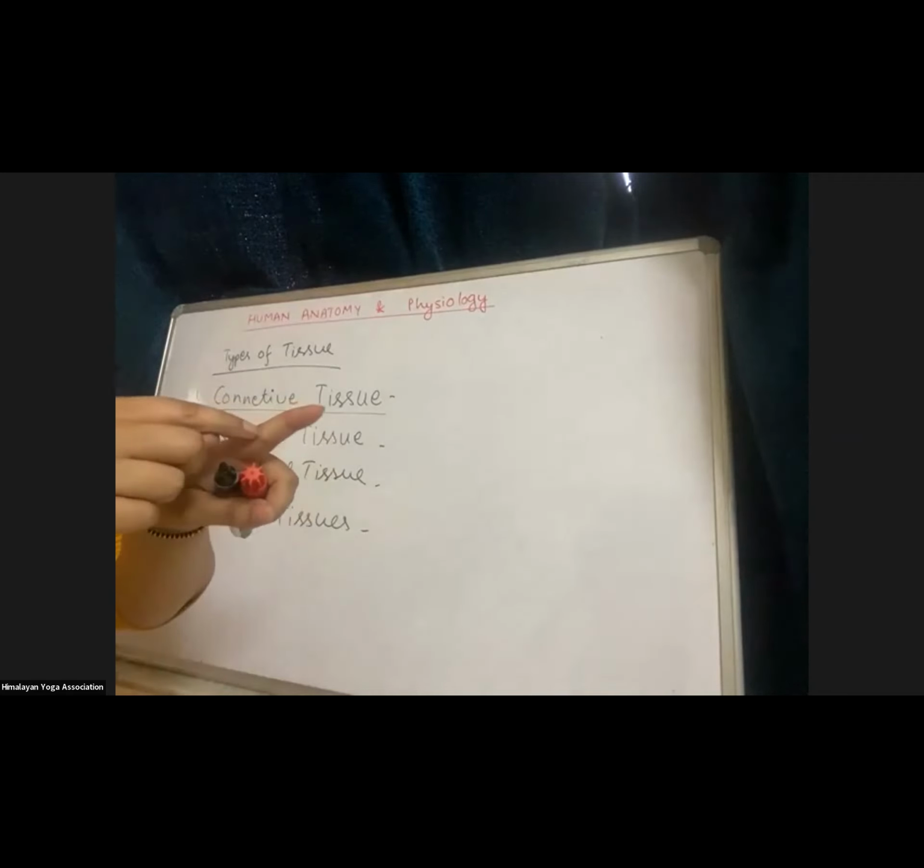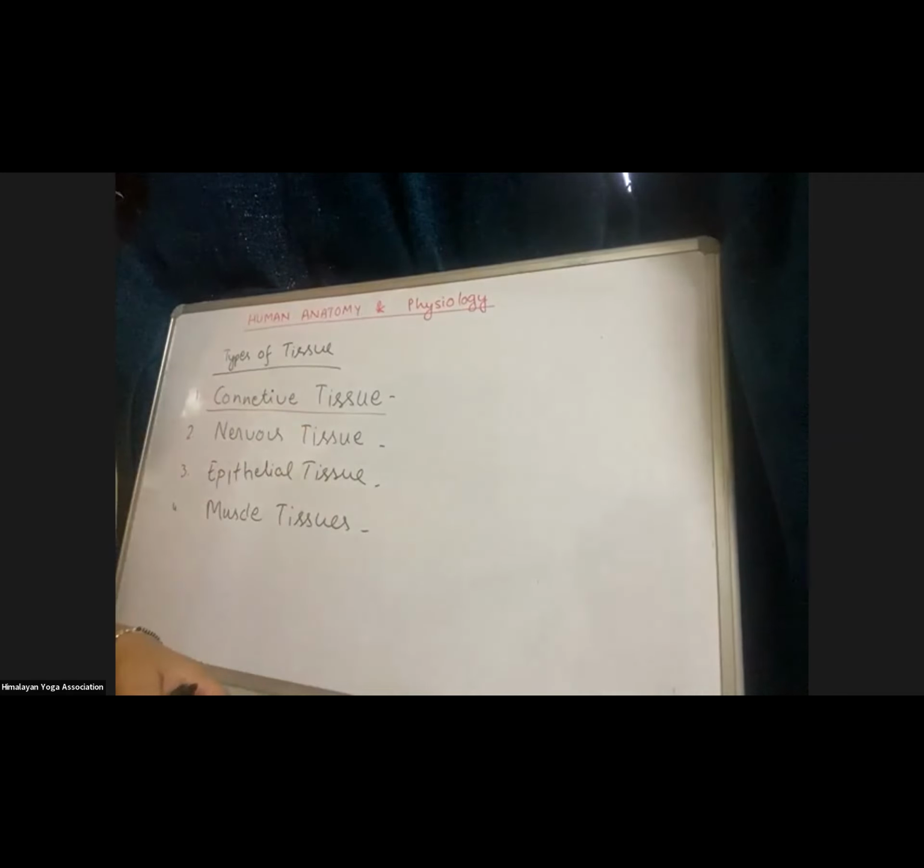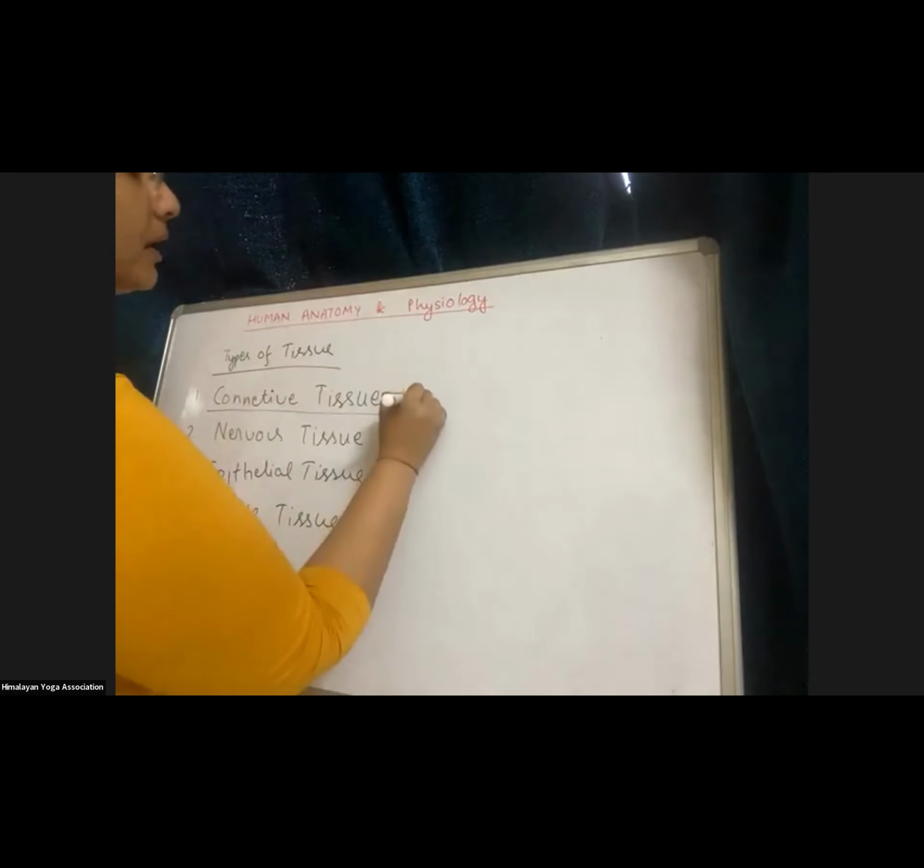And joints? No, joints are not connective tissues. Joints are just when 2 bones are joined together, like this is a joint. Muscle fascia, yes. What else? Ligaments, tendons, muscles. And blood.